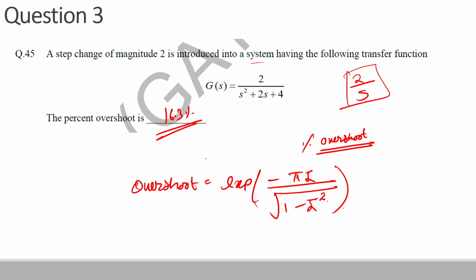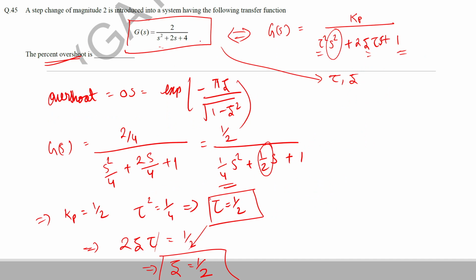So yes, as I discussed, we have been given this transfer function, and using this we have to find the value of time constant and damping coefficient. The first thing is to transform this equation into this form, that is tau square s square plus 2 zeta tau s plus 1. This thing we need to keep in mind, the last term should be 1. So we will divide the denominator by 4 and then transform it into the desired form.